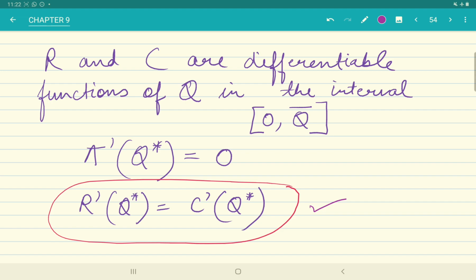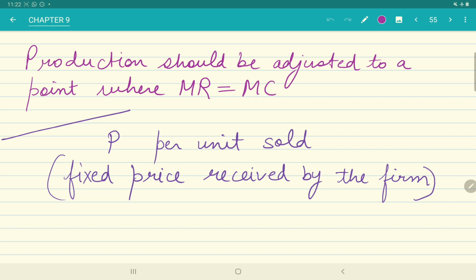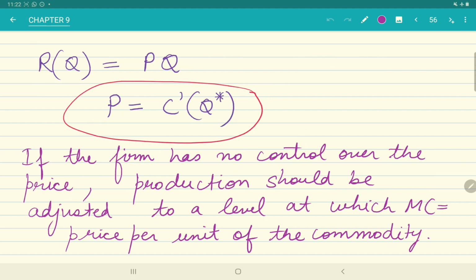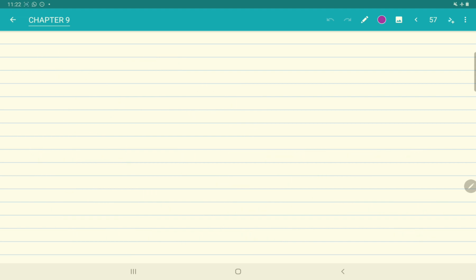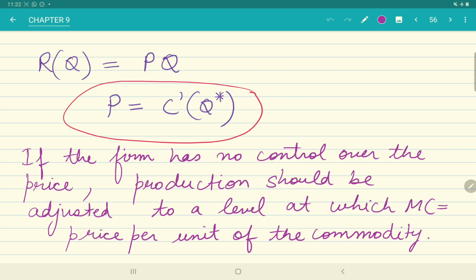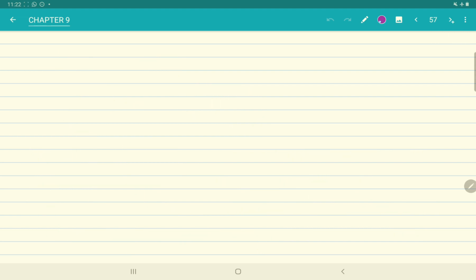Now let us suppose, to understand it intuitively, this condition that marginal revenue is equal to marginal cost, R'(q*) = C'(q*), let's just suppose that we want to increase production from the level q*.